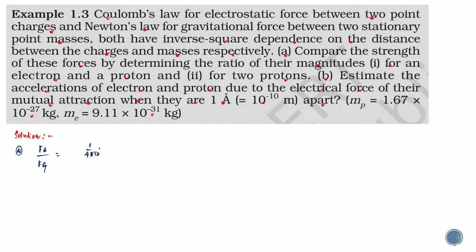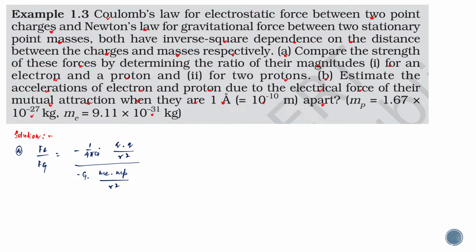So here will be charge on electron into charge on proton. This is attractive, therefore we write down here minus, by distance between electron and proton. By, we write down here minus G, gravitational constant, and mass of electron into mass of proton by distance between mass of electron and mass of proton.